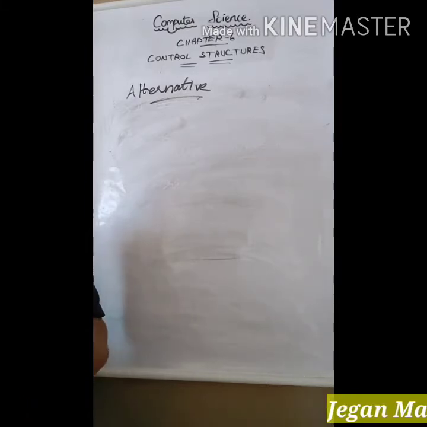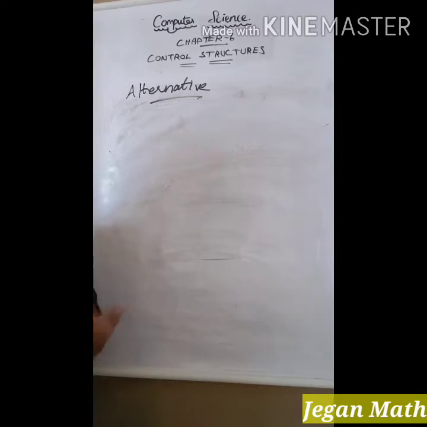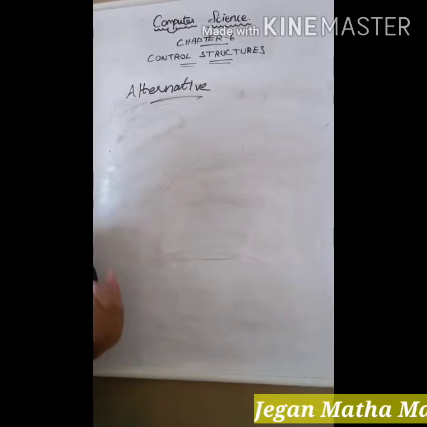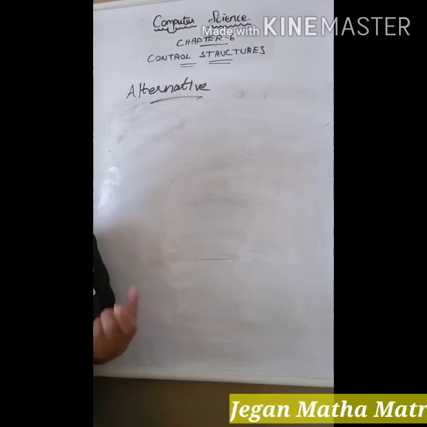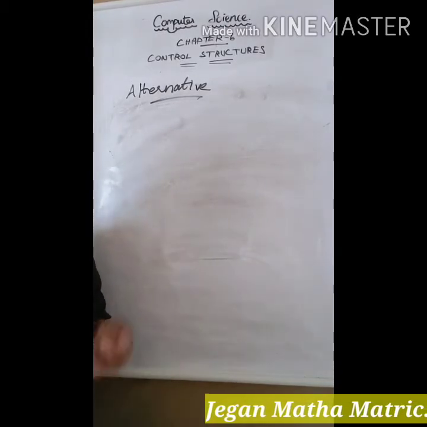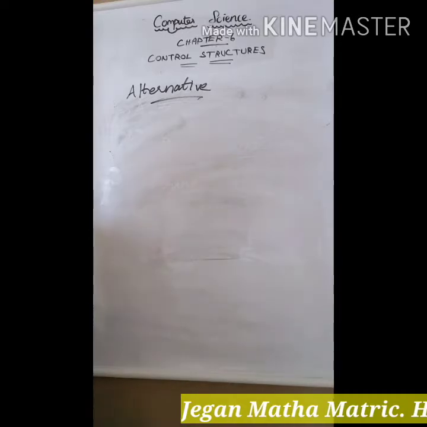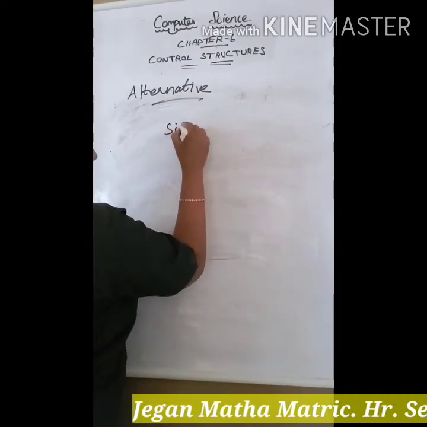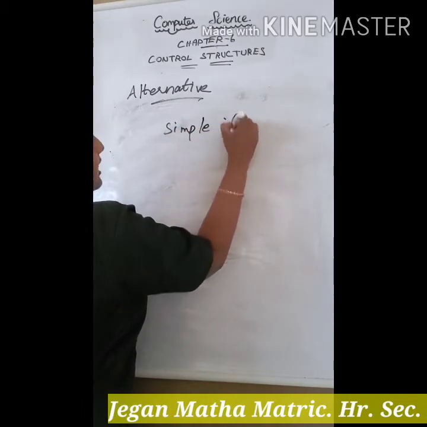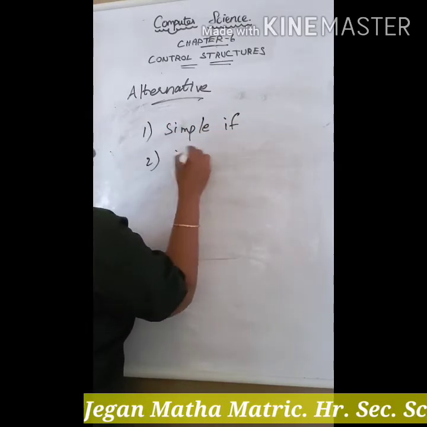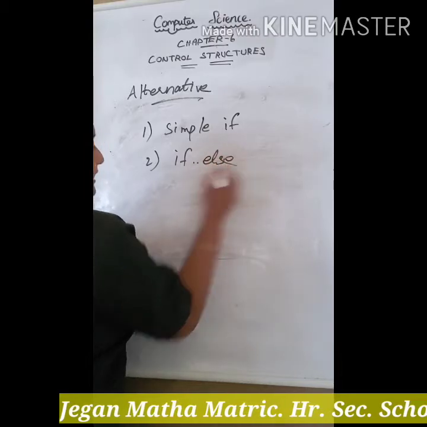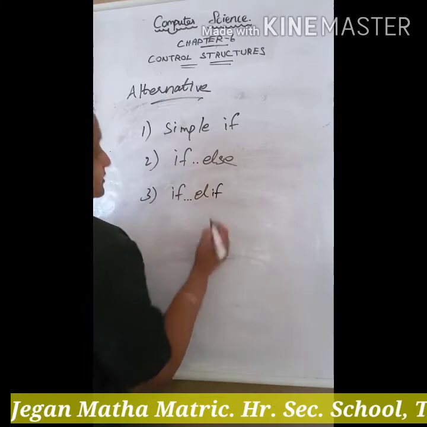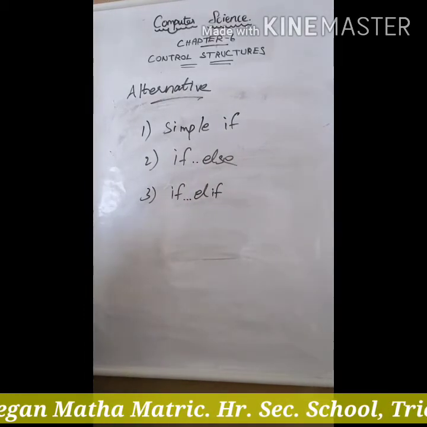This type of decision making is what we learn through alternative or branching statements. Here we are going to check a condition, and based on the condition it produces the result. It has three types: one is simple if, another one is if else, and the last one is if elif. Now let us study them one by one.